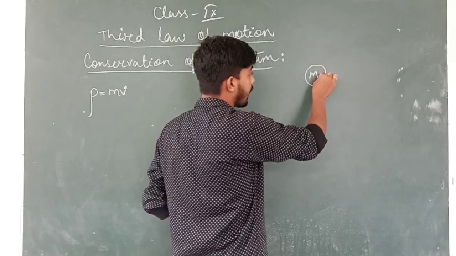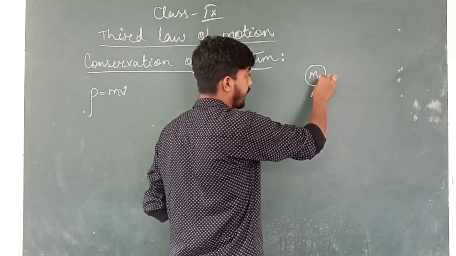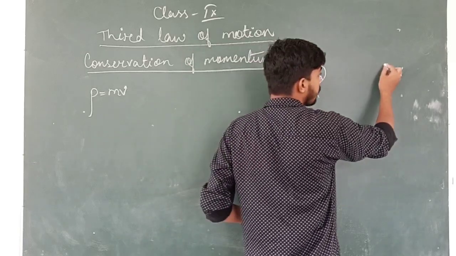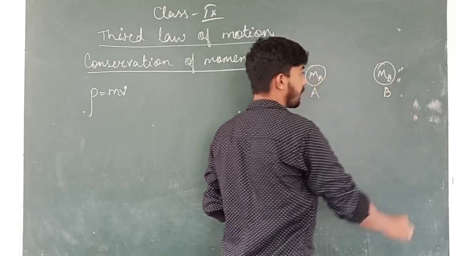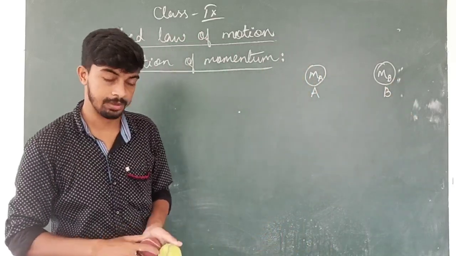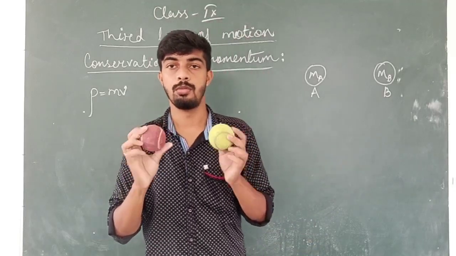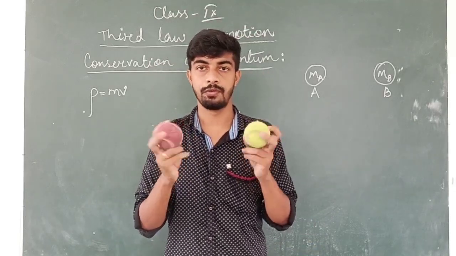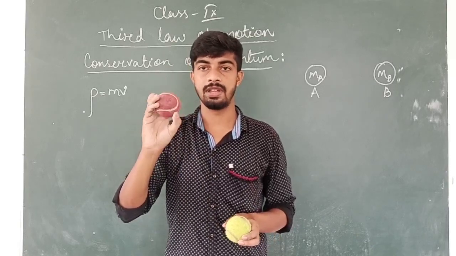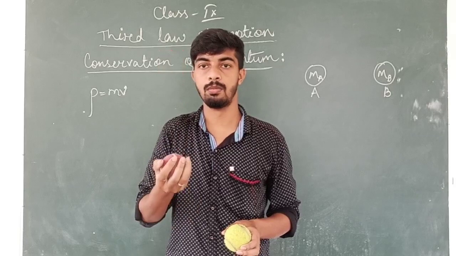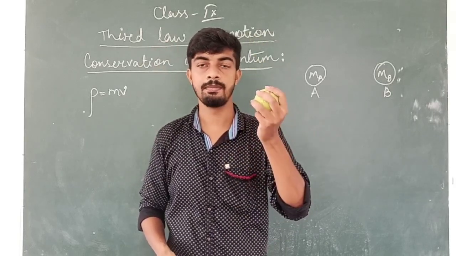This is object A, with mass ma, and object B, with mass mb. I am taking two balls, object A having mass ma, which is a little bit heavier than this one, and this is object B with the mass mb.